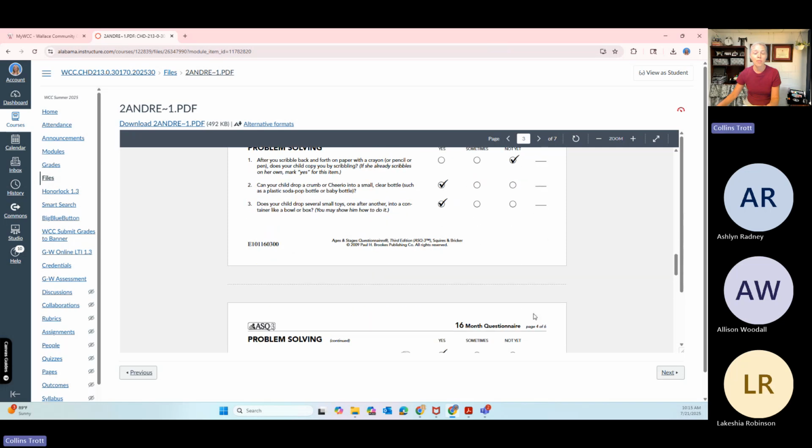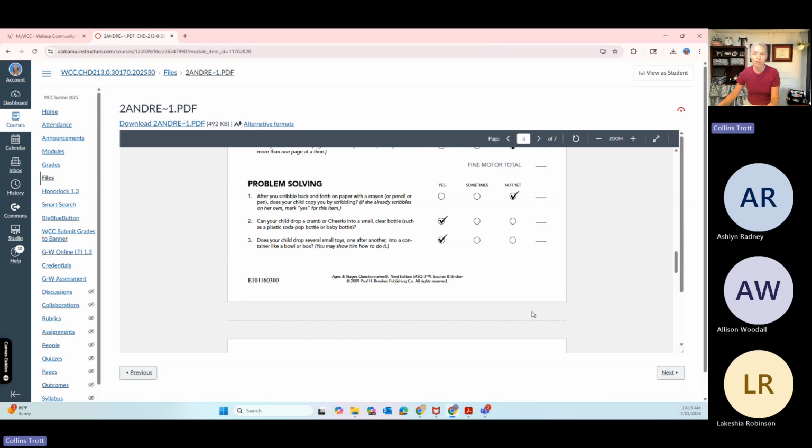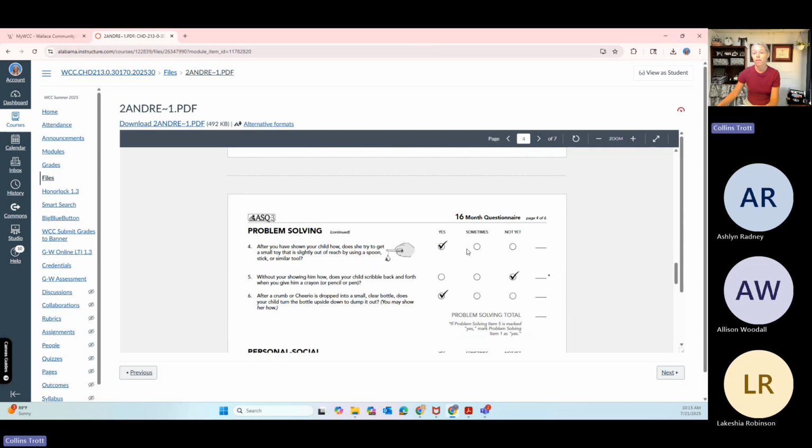And now I'm going to scroll down. This one gets broken up across 2 pages too. For problem solving, not yet is 0. Number 2, 10, 3, 10, 4, 10, 5, 0, 6, 10. So what is my total in problem solving?